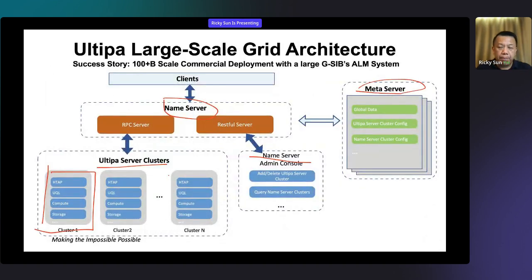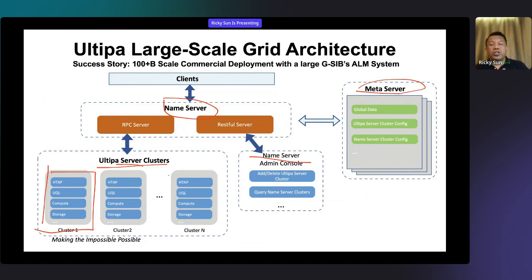And the large scale grid architecture is different in that we introduced a name server and meta server in a MapReduce fashion, but we still preserve some characteristics from the HTAP architecture, and that's the Ultipa server clusters. We can also call these HTAP clusters. Each cluster, for instance, has three worker nodes.